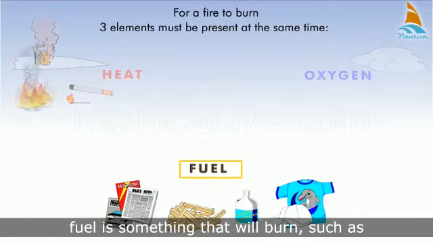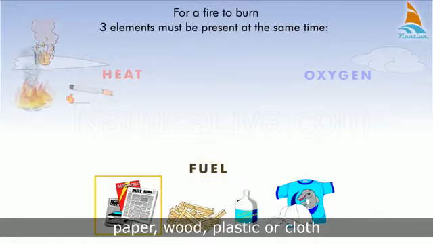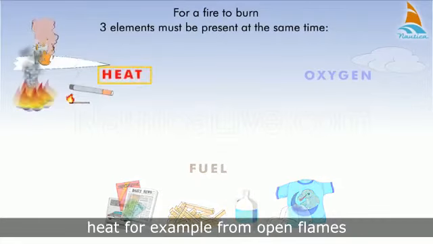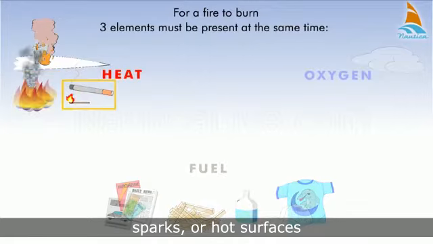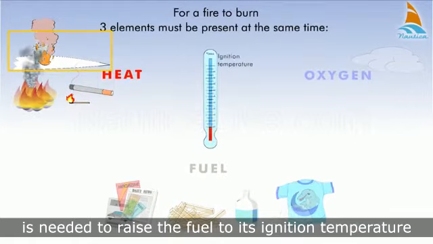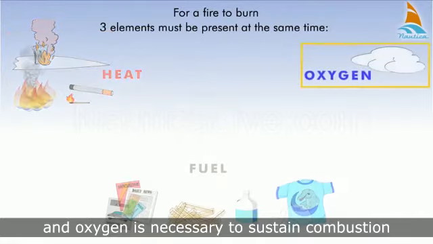Fuel is something that will burn, such as paper, wood, plastic, or cloth. Heat, for example, from open flames, sparks, or hot surfaces, is needed to raise the fuel to its ignition temperature, and oxygen is necessary to sustain combustion.